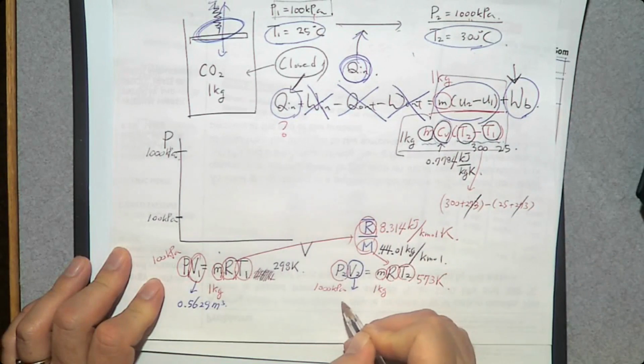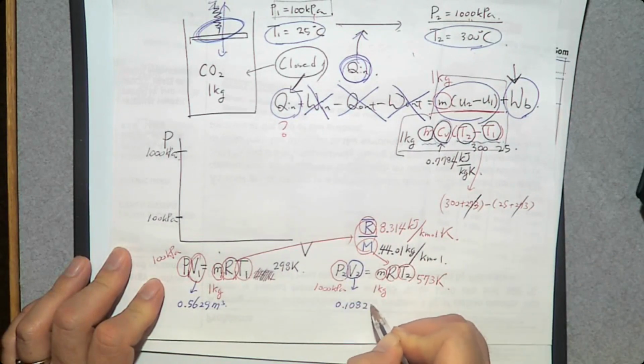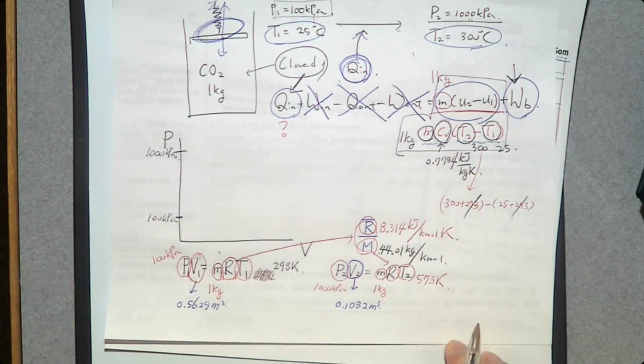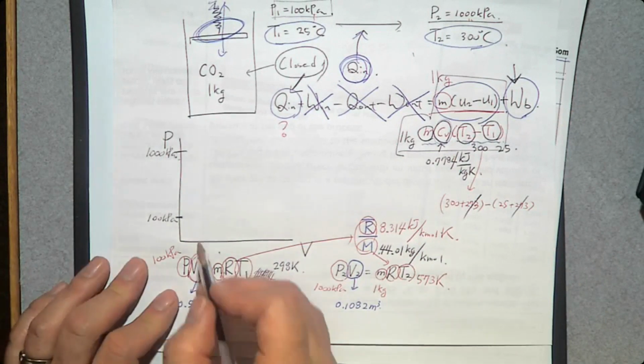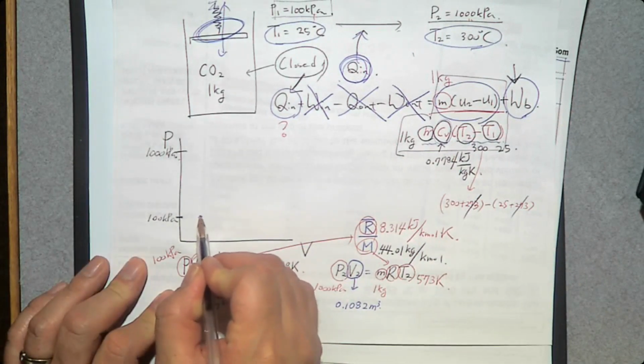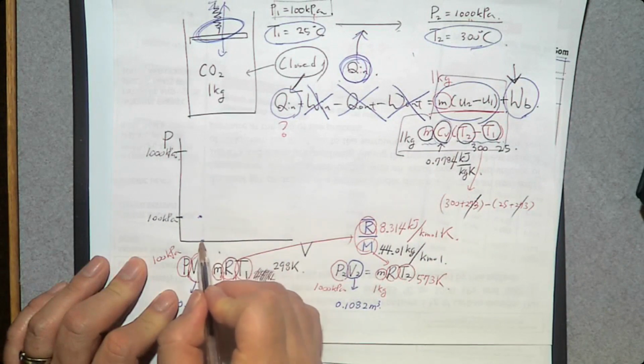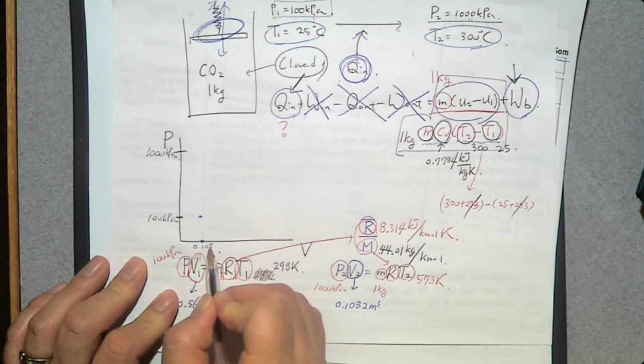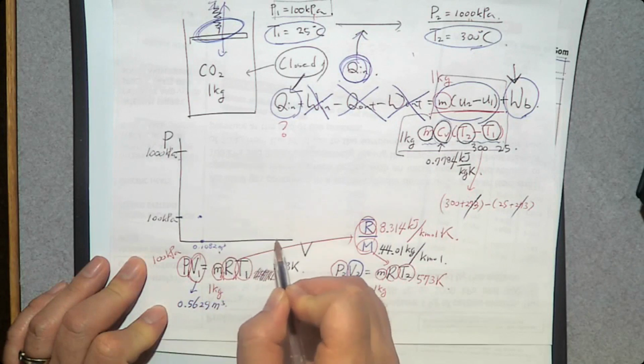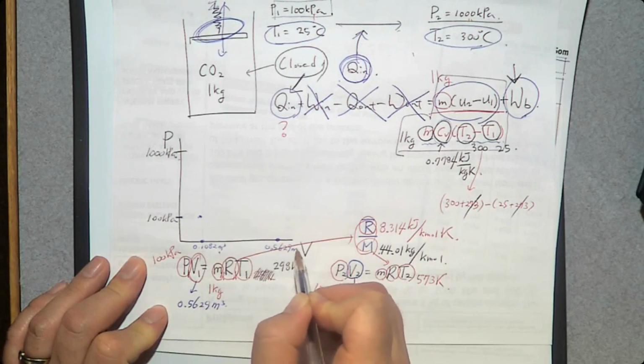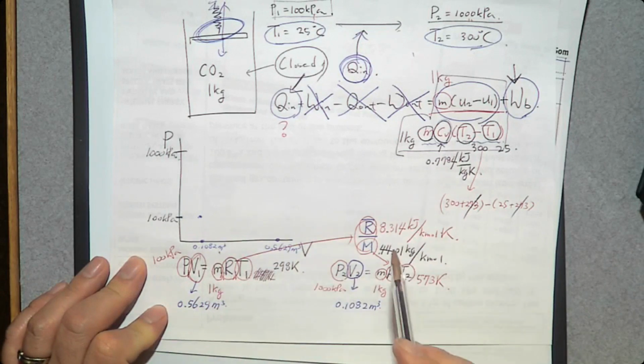V2 is 0.1082 cubic meters. So there is 0.1082 cubic meters. There is 0.5629 cubic meters.